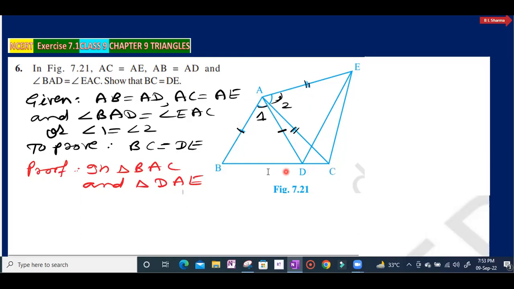AB is equal to AD, given. This AB is equal to AD, given. And AC is equal to AE. This is also given.